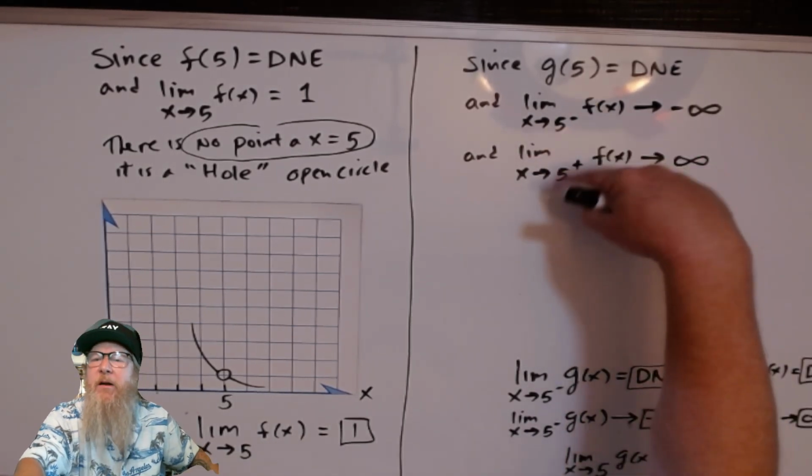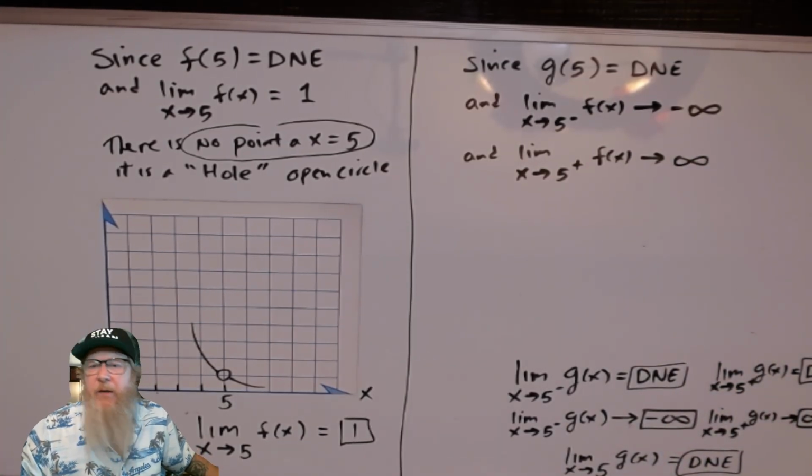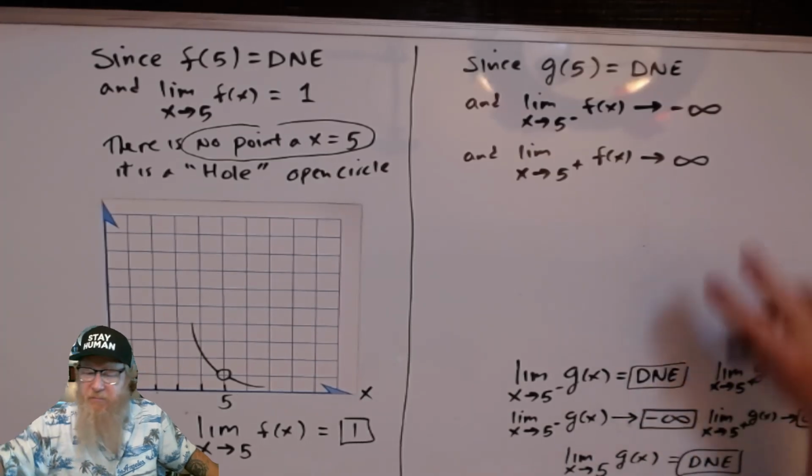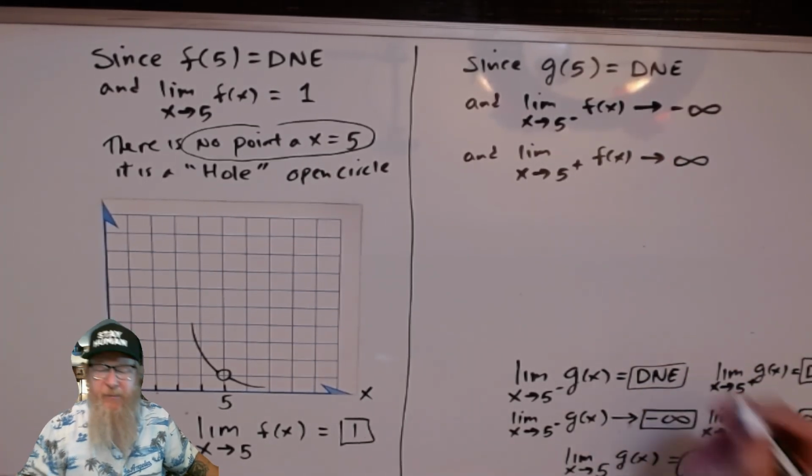So if either one of these limits is infinity or negative infinity, you have two possibilities. They could be reversed, and this property would be very similar.